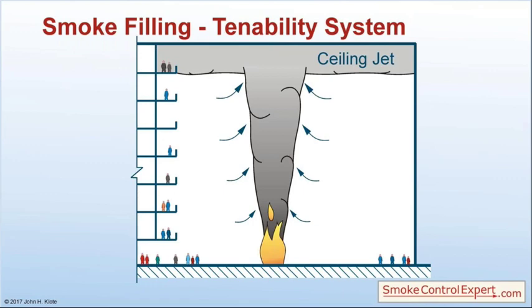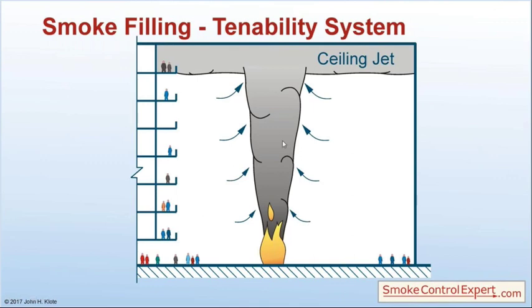The smoke filling works like this. In the early stages, and this is good for really only a very large atria, we have a fire and a plume rising from the fire, and we formed in this picture the ceiling jet.